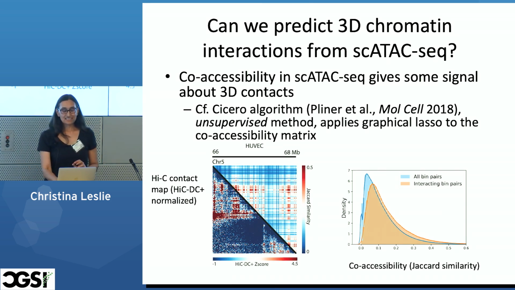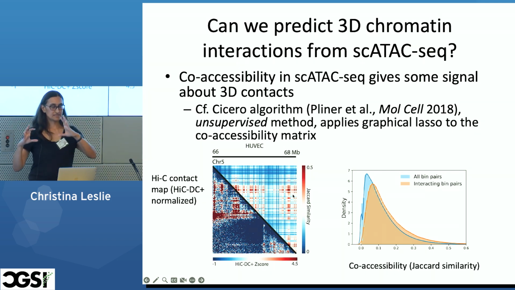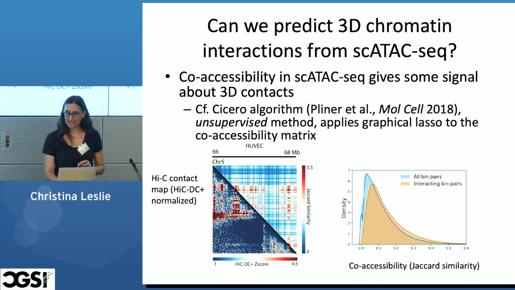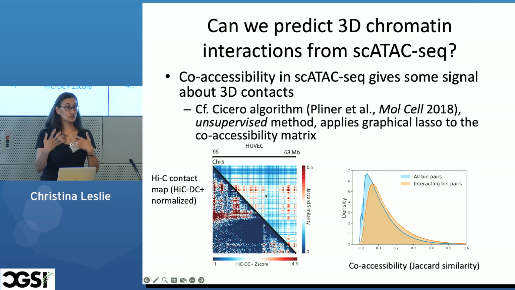And you can see the co-accessibility matrix has some information about 3D organization, but it's also very noisy, and there's this plaid structure, and an unsupervised approach that just takes this co-accessibility matrix and does some statistical processing is going to have low accuracy, okay?